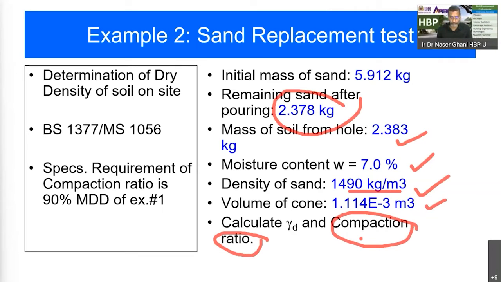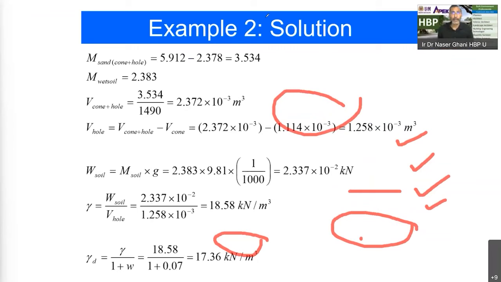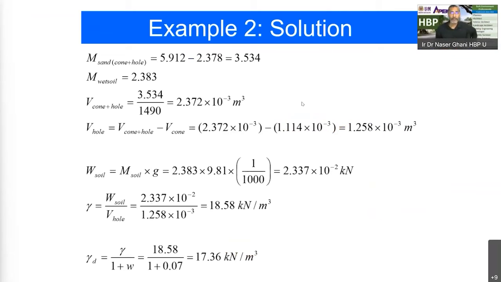Okay, let us look at a slightly more detailed calculation. So from here, we look at this calculation. Mass of sand, that means the cone and the hole, is this much. We know that, and then we know the wet soil, because remember when you excavate, you put it in a plastic container and then you weigh it, then you get the mass of wet soil. The volume of cone plus hole, and then we need to find the volume of the hole only.